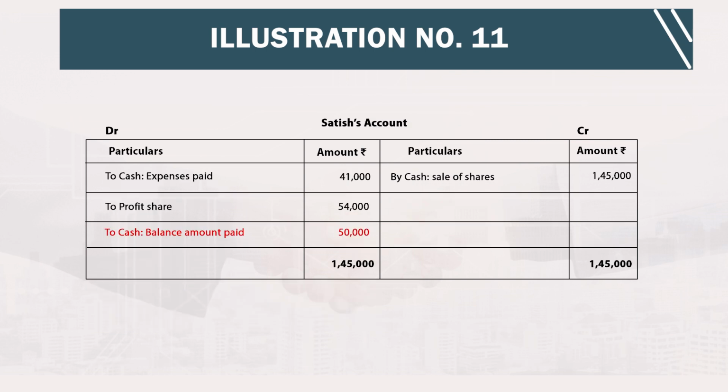Now come to Satish's account. On debit side, to cash expenses paid 41,000, to profit share 54,000. On credit side, by cash sales of share 1 lakh 45,000, total 1 lakh 45,000 on both side. So there is a difference on debit side rupees 50,000, this amount is to cash balance amount paid.